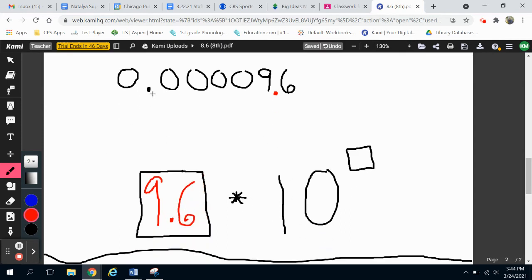Okay, how many hops did I have to make? 1, 2, 3, 4, 5 hops. And because it's a small number less than 1, it's going to be negative 5. So my answer is 9.6 times 10 to the negative 5 power.